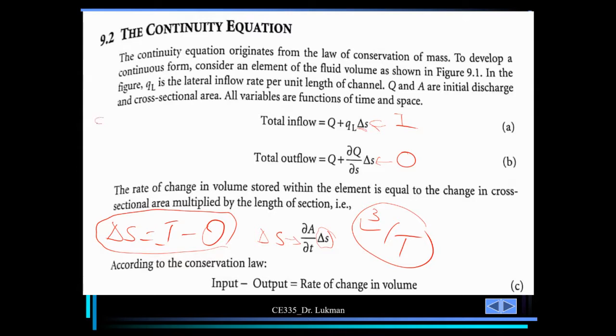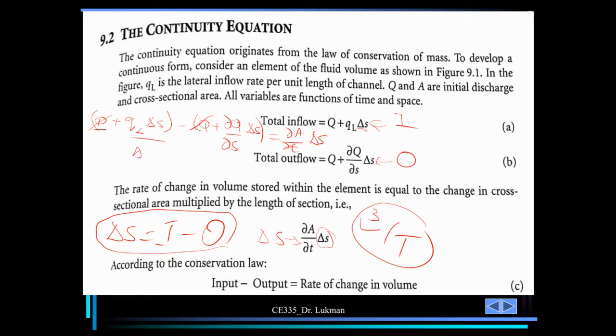Q plus QL delta S minus outflow, which is Q plus del Q del S delta S, is equal to del A del T delta S. Okay, so let's divide throughout by delta S. Q will cancel Q here, isn't it?